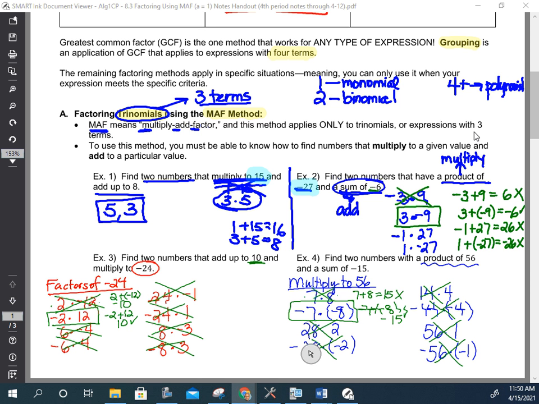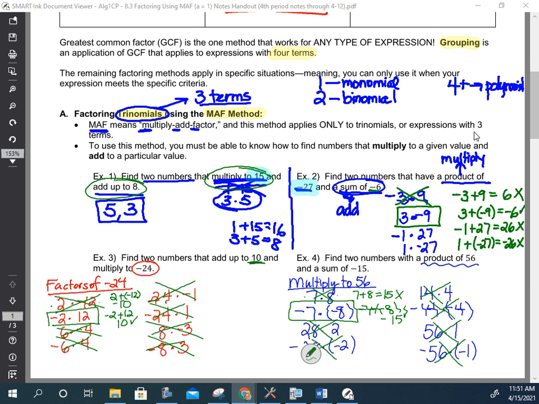So before we started MAF with variables, we did it with just numbers. When they ask you to find two numbers that multiply to 15 and add up to 8, we figure out all the ways that we can multiply to 15, and then we start adding those parts up to figure out what adds up to 8.